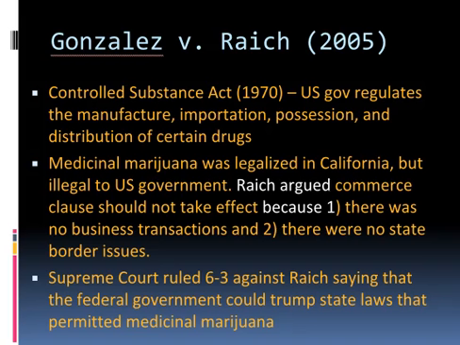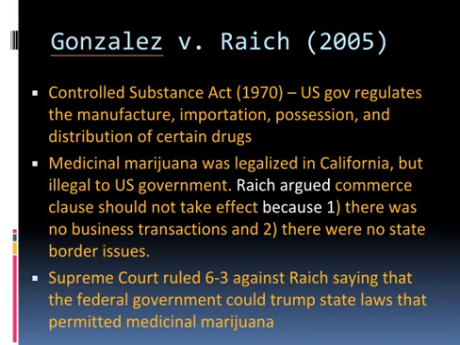Number one, she was growing the pot herself and would not sell it, trade it, or exchange it for any economic or commerce-based practice with anyone. So number one, she believed that it's not a commerce issue. Number two, her marijuana would not cross state lines, so there would not be a border issue or an interstate commerce issue. So she thought she would win.